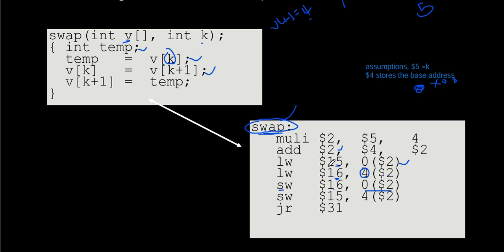So we have swapped that part. Now we're also picking from $15 and storing it into 4 offset of $2. Remember, 4 offset of $2 was where v of k plus 1 was located, right? So now we have also swapped that. So these four instructions actually affect the swap, right? The rest are just for calculating the base addresses and doing what's necessary.